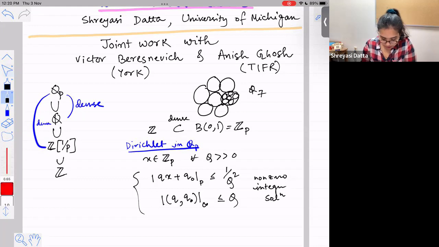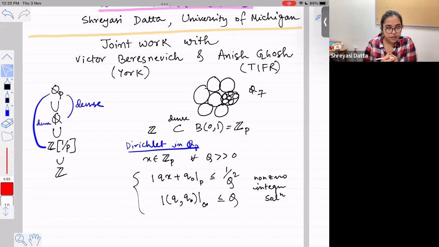The difference is that here you have to have both q and q_0, unlike real approximation. The reason is that integers are dense in unit balls, so you cannot just take the infinity norm of q. And since you are taking the infinity norm of q and q_0, you would expect that the power here should be 2 instead of 1.